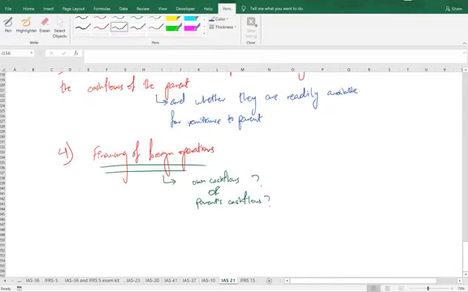If not, if the entire financing is driven from the parent, that means it has no autonomy. The foreign operation has no autonomy. And in that situation, the functional currency of the parent becomes the functional currency of the branch or the foreign operation. Okay, you guys get it? Yes.